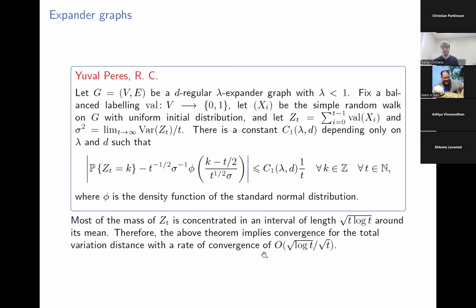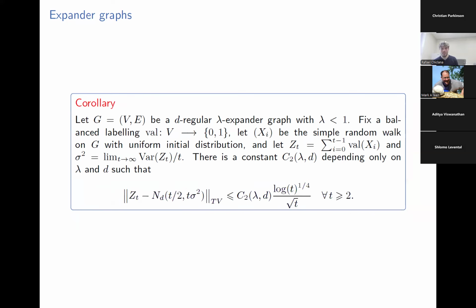Then that means that you obtain convergence in total variation distance to a normal distribution, and the rate of convergence is 1 over the square root of t times the square root of the logarithm. Well, this argument of simply adding all the errors is kind of too simple. We did a little bit better than that. And instead of the square root of the logarithm, we obtained the fourth root of the logarithm.